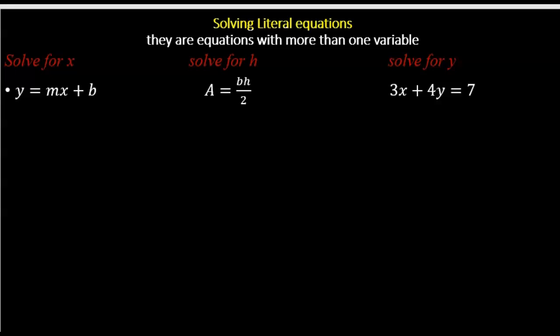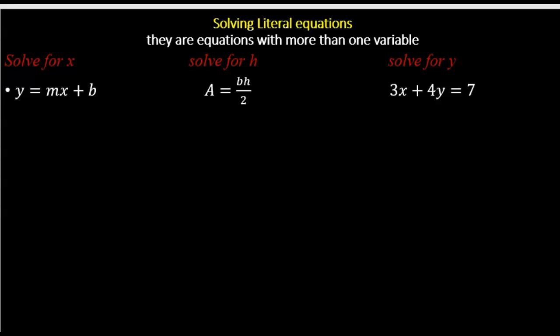Now, in this equation, there is no number at all. We only have letters: y, m, x, b. That's our four letters. Those letters are what we call variables. So therefore, this is a literal equation because it has more than one variable.